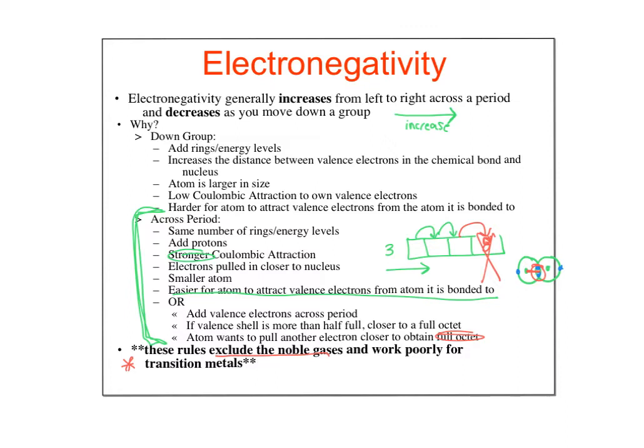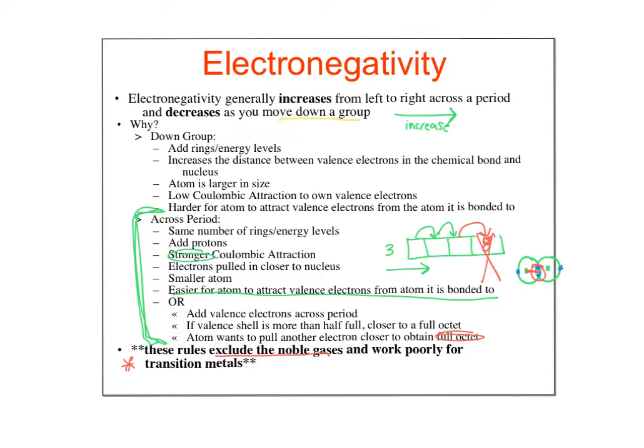Well, remember, the noble gases already have 8 valence electrons. They don't want to share with anybody. The only elements that are going to share are ones that are very close to that 8, right? So maybe, hey, I'll share with you, you share with me, so we both have 8 electrons, even if some of them are shared. Noble gases don't want to share with anybody, so they kind of break the rules.